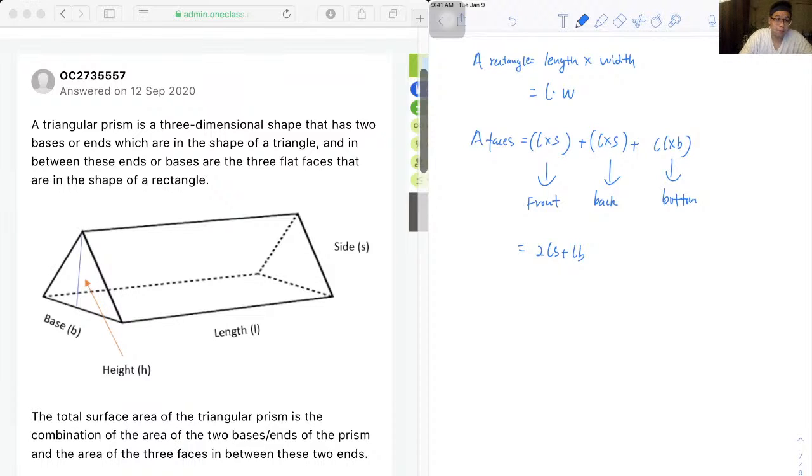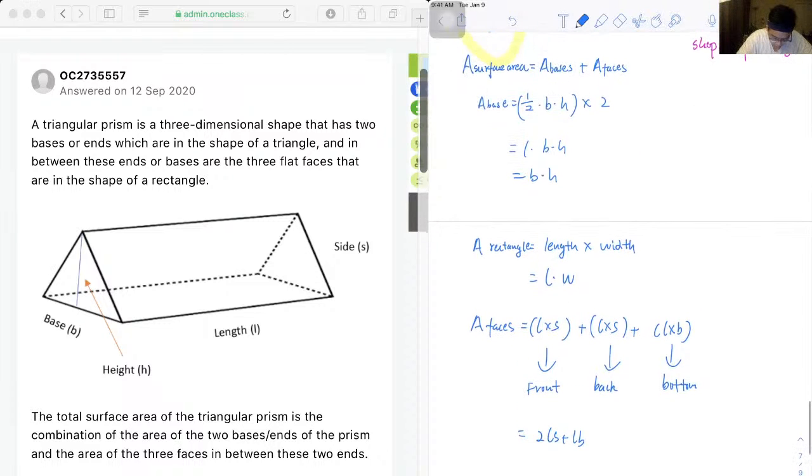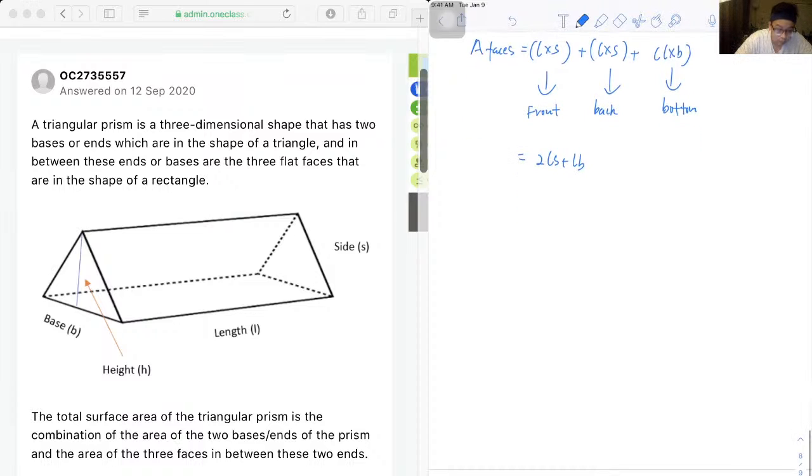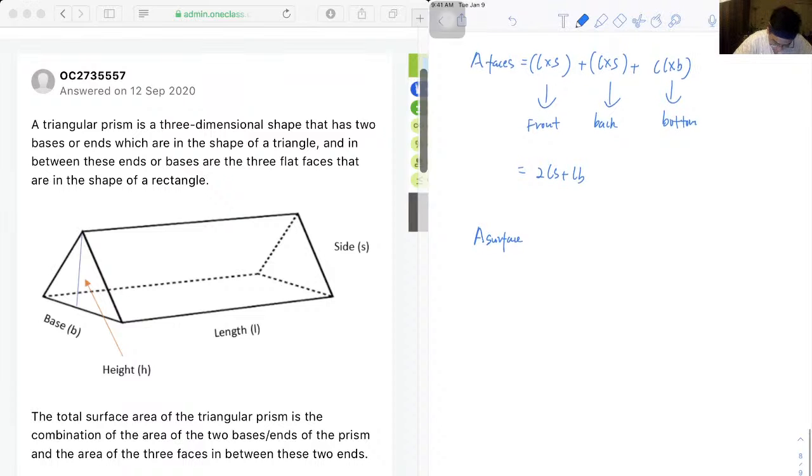So now we just need to combine the area of the bases and faces. Recall that we got BH for the base. So let's write down the total area.